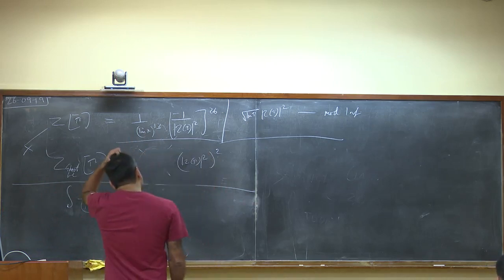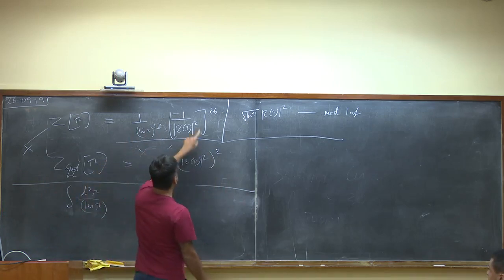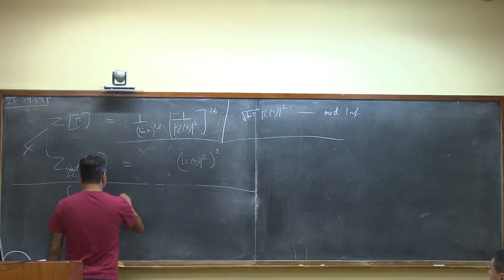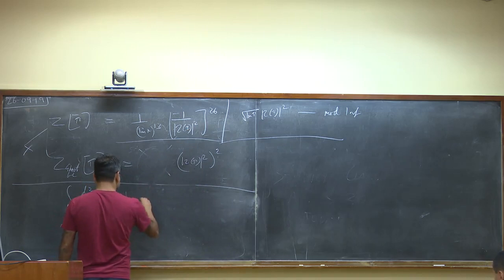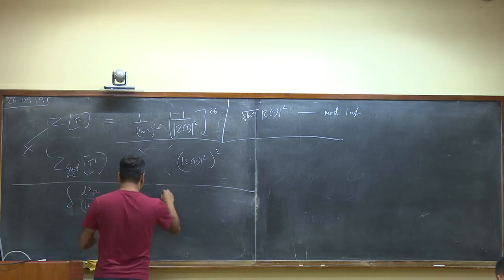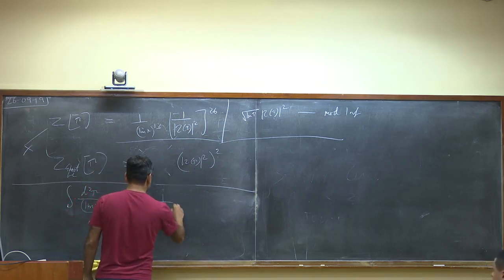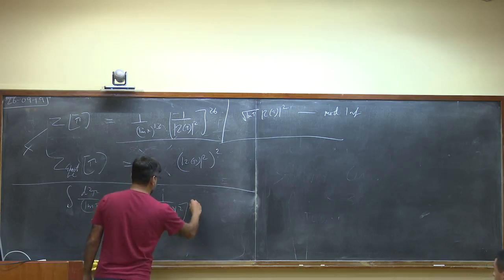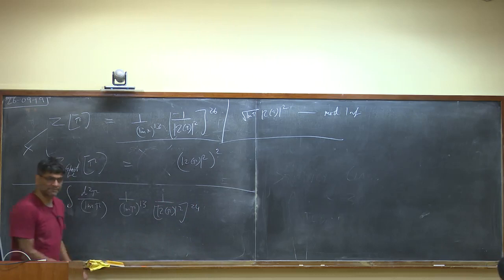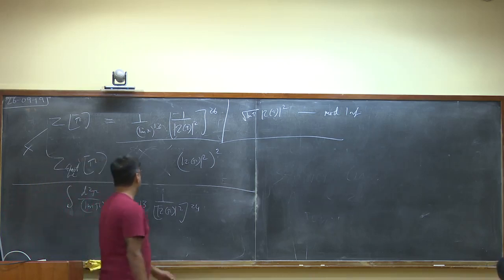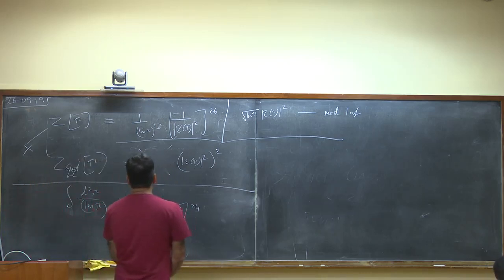Now, in the product of these two things, this cancels two of these factors. So we've got 1 over (Im tau) to the power 13 times 1 over |eta(tau)|^2 to the power 24.